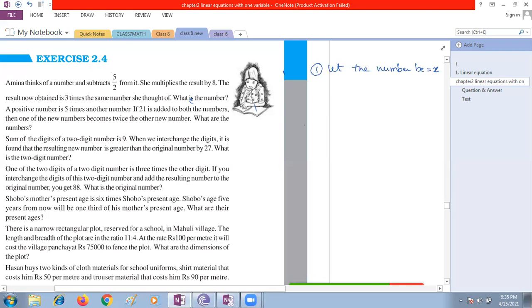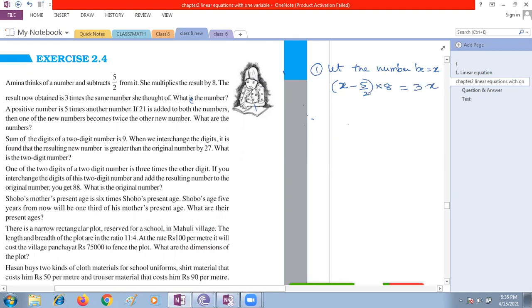That means, what is that? Subtract 5 by 2 means x minus 5 by 2. And the result, x minus 5 by 2, is multiplied with 8, into 8. The result is 3 times the number, 3x. 3 times the number means 3 into x, 3x.